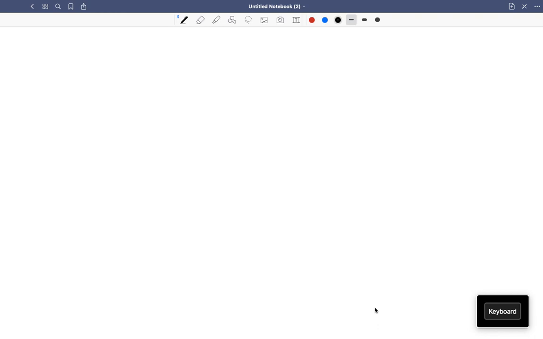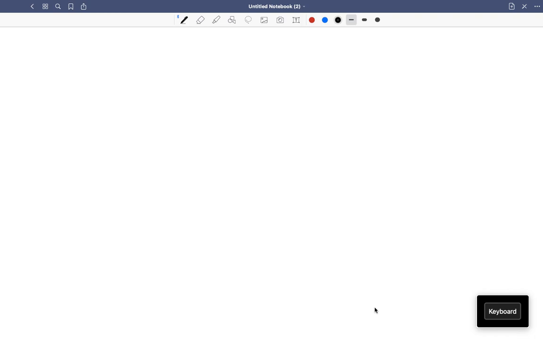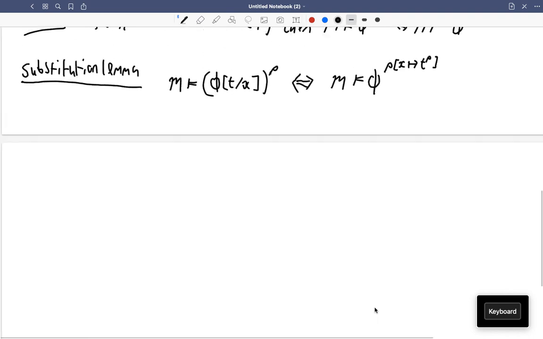As you see, the semantics of first order logic is a little bit complicated. The satisfaction relation took us a while to get through. But now we can define the soundness and completeness theorems. In order to do that, I'm going to make one observation.